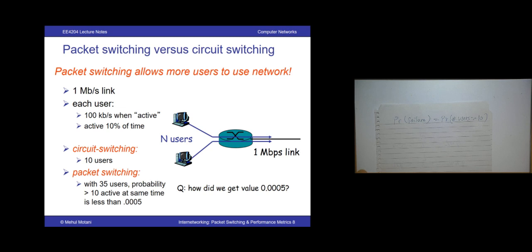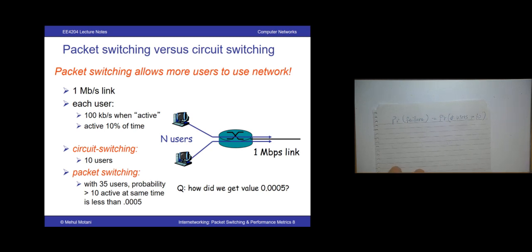So now, at this point, all I have to do is figure out the probability that there are 11 users, plus the probability of 12 users, and so on, all the way up to 35, right? But let's say we're a little bit lazy. We want to count less.